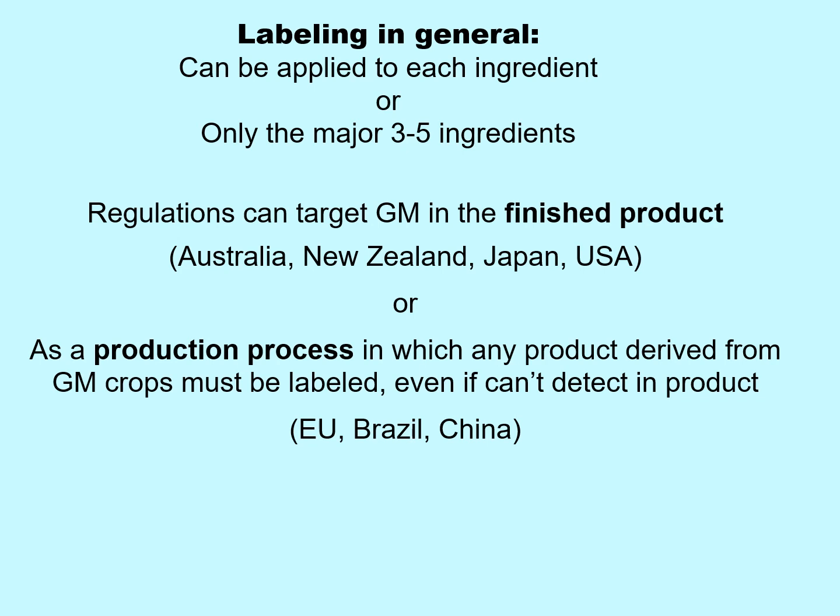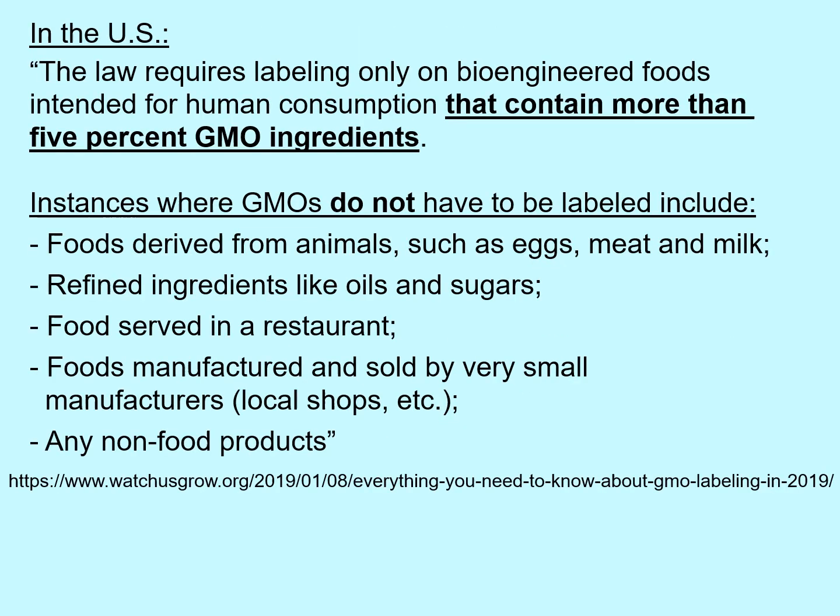And if you recall from the US Law Library, it says that we do not look at the production process here in the United States. So in the US, the law requires labeling only on bioengineered foods intended for human consumption that contain more than 5% genetically modified ingredients.